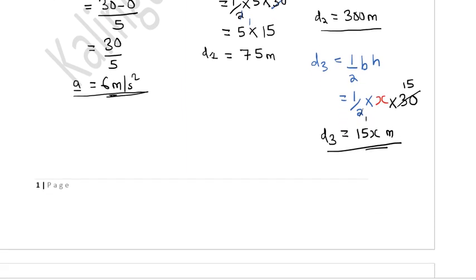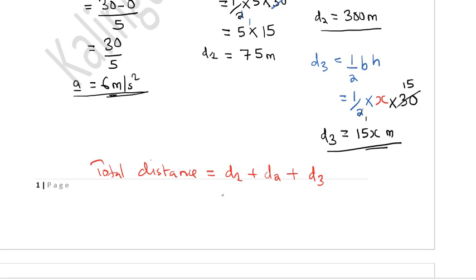So I'll say total distance will be equal to D1 plus D2 plus D3.